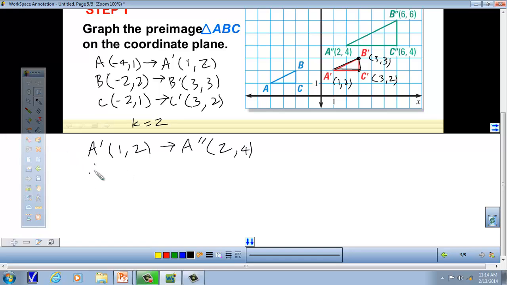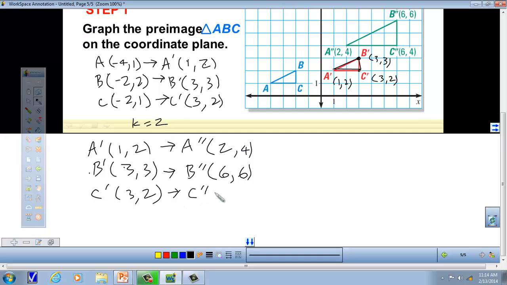We do the same thing for B prime, which was 3, 3. B double prime becomes double that, so 6, 6. And C prime was 3, 2. So using this scale factor one more time, my C double prime is 6, 4. And as you can see, we have 2, 4, 6, 6, and 6, 4 there.